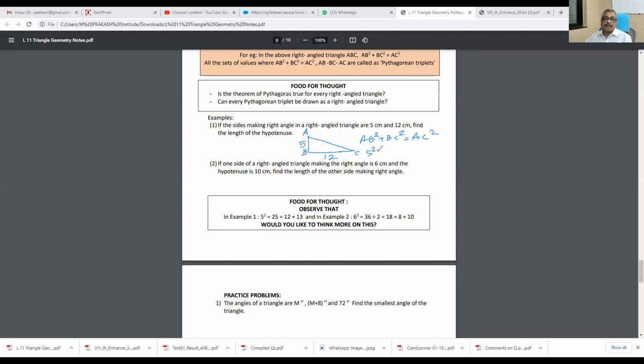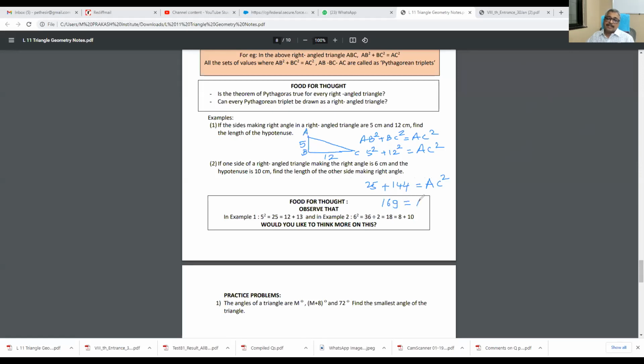So 5 square plus 12 square is equal to AC square. 5 square is 25 plus 144, so this is 169, correct?